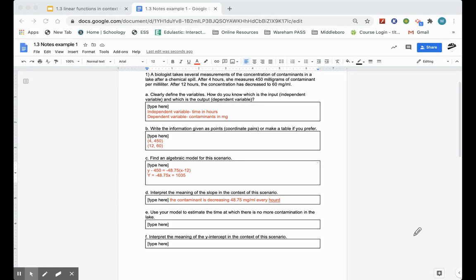And now step 2 is to divide both sides of the equation by negative 48.75. And that gives me 21.23 hours. So almost 21.